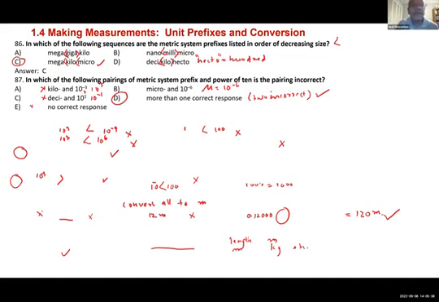The answer is, there are no correct ones. Oh wait, they're asking for, remember, right here, incorrect. I was answering incorrect. There are two incorrect, therefore the answer is more than one correct response.